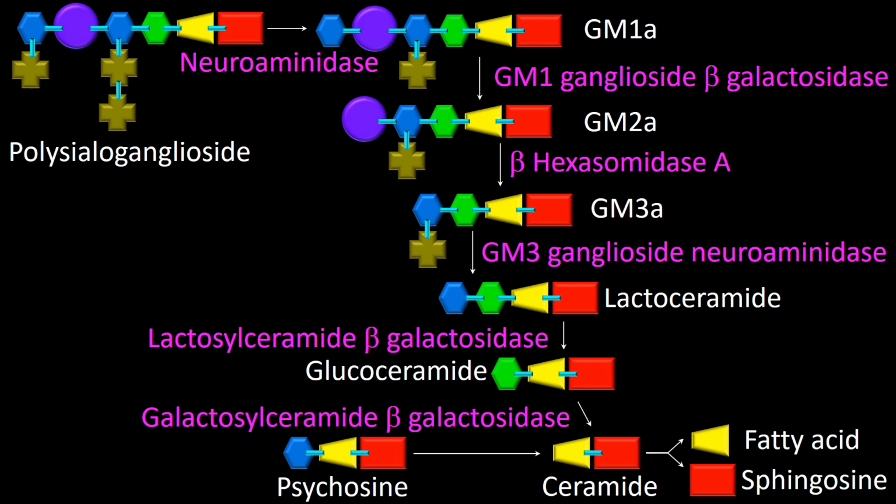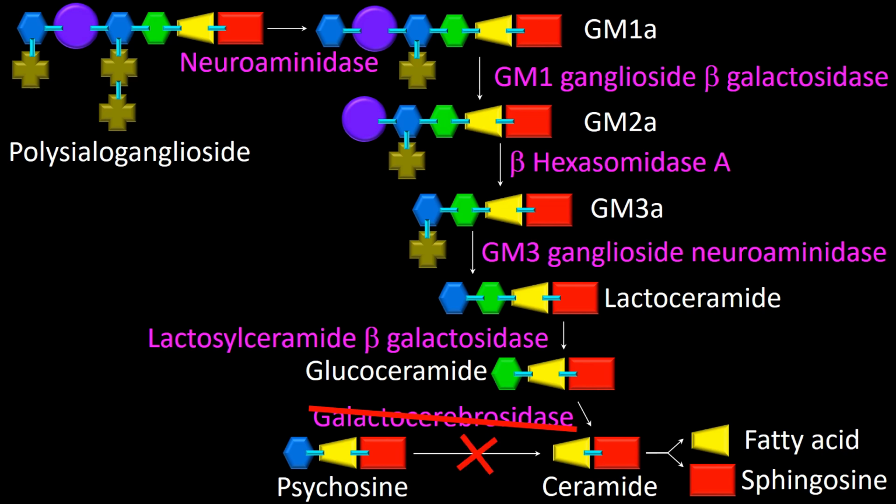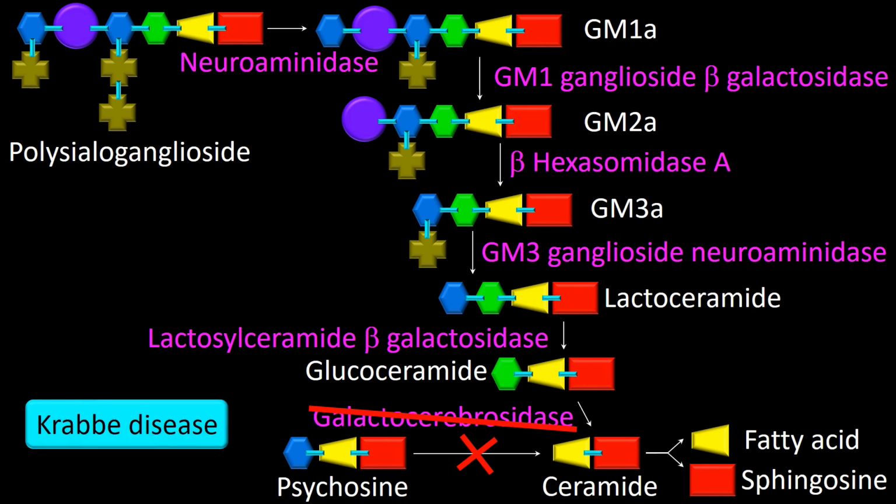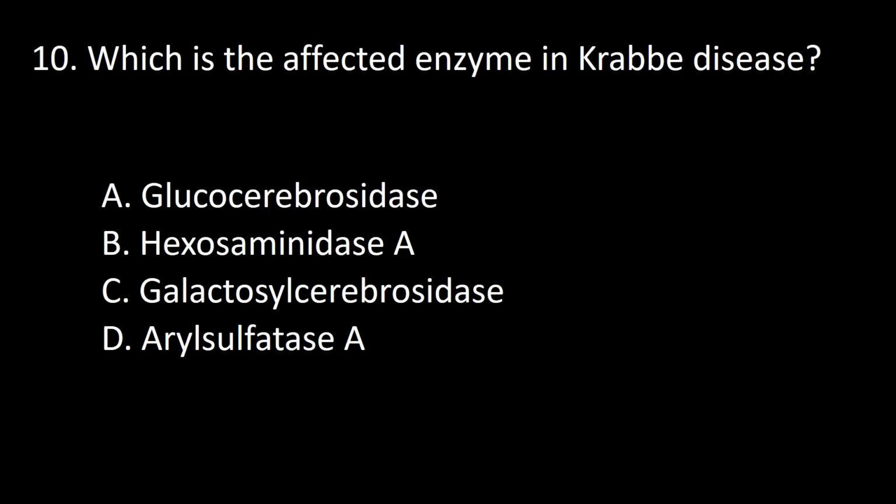The nickname is galactocerebrosidase. When this enzyme is deficient, there will be a block and psychosine will not become ceramide. The consequence is that the patient will develop Krabbe disease. So the answer to this question is C.